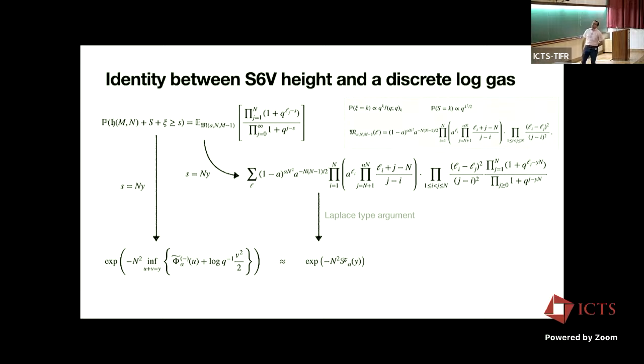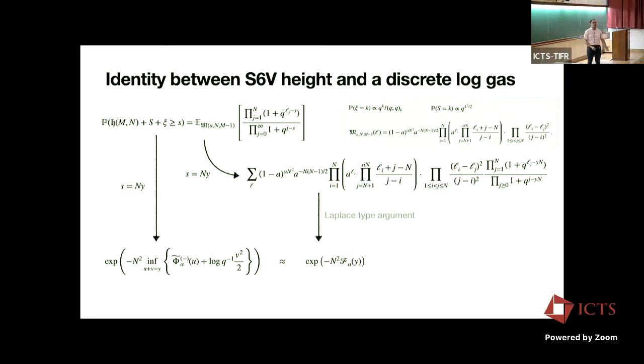But we can approximate this big sum, especially if we care about the leading term, through a Laplace type argument with the maximal value. So we can approximate this expectation with the exponential of minus n squared times a certain function f alpha, which was given before, but you can recover f alpha from this expression by basically taking 1 over n squared, the logarithm of what you see inside.